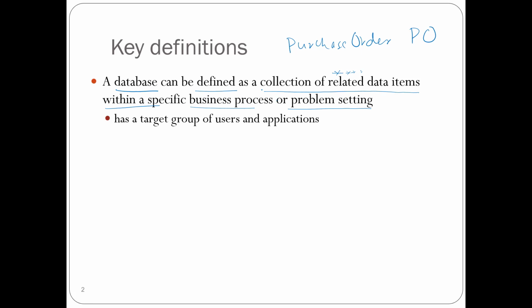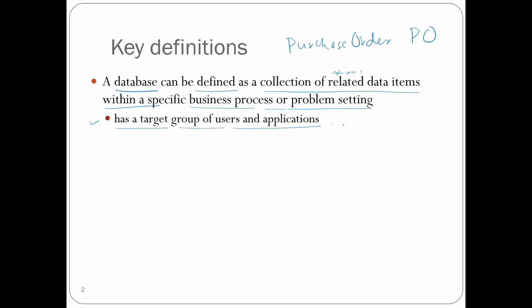But this example is important. Why? Because here the database that we are looking at is the purchase order database. Therefore, it has a specific business process involved in the definition. And let's move on to the next bullet, which says that a database has a target group of users and applications.